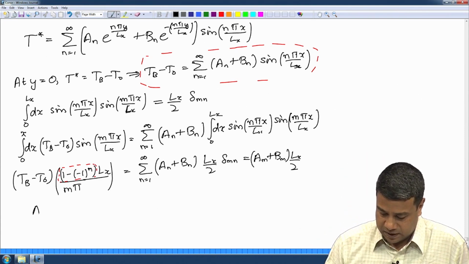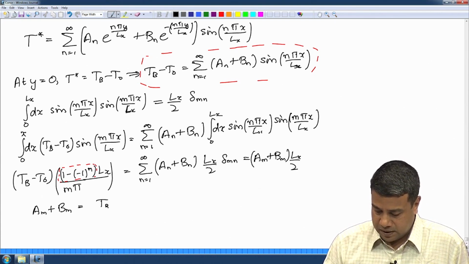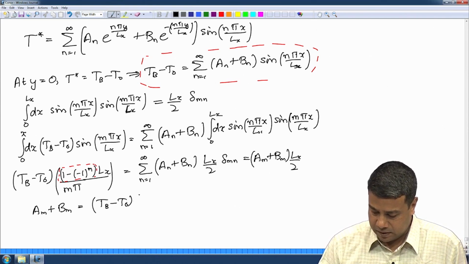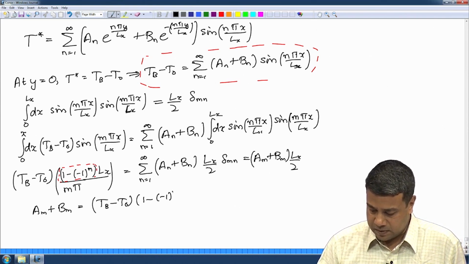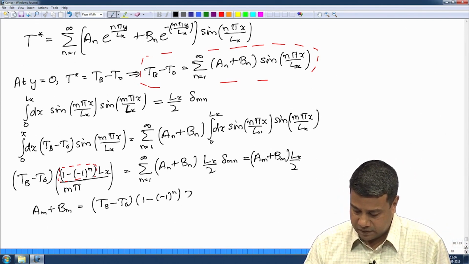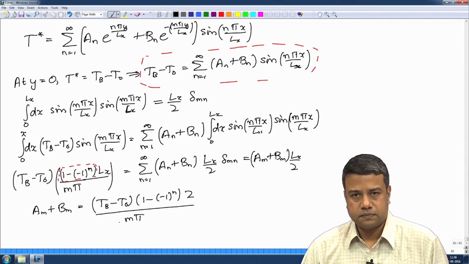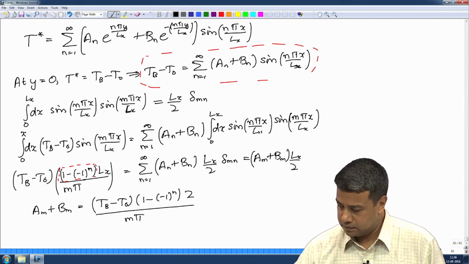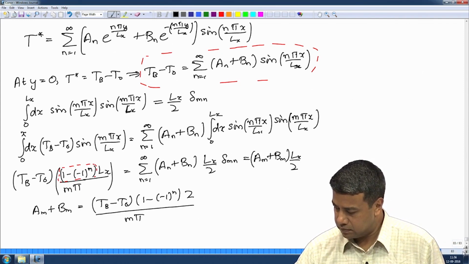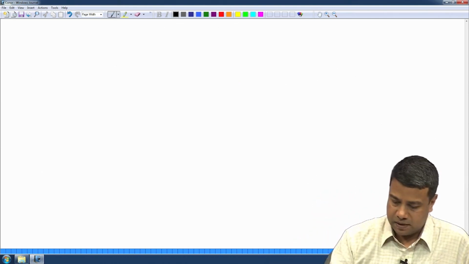Therefore, a m plus b m is equal to Tb minus T naught into 1 minus 1 power m. The Lx will cancel out on both sides. I will get a factor of 2 here divided by m pi. So, I have got one equation that involves a n and b n.